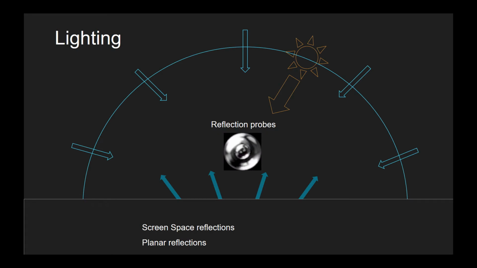Then we've got our reflection probes. Again, we spoke about that last time, and we've got different ways of generating reflections, and those are very quick and useful, but they're not very precise. So we've got screen space reflections and planar reflections to work with instead.